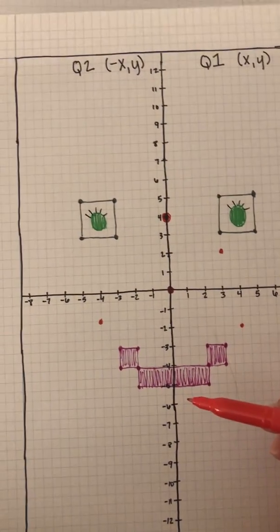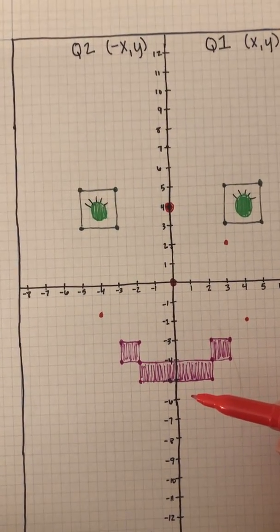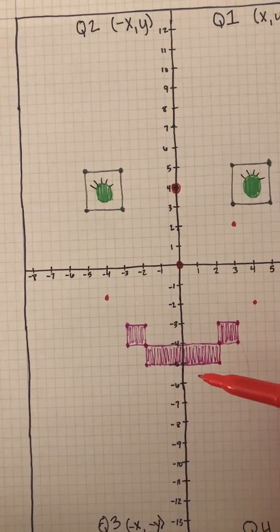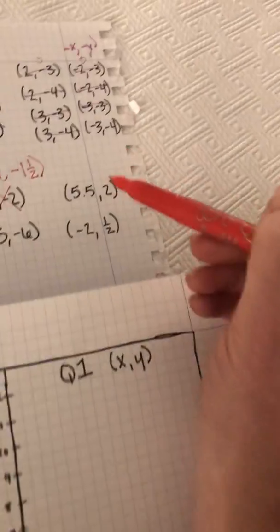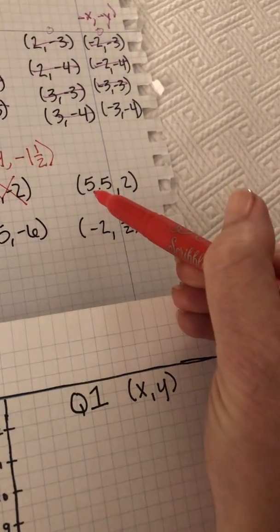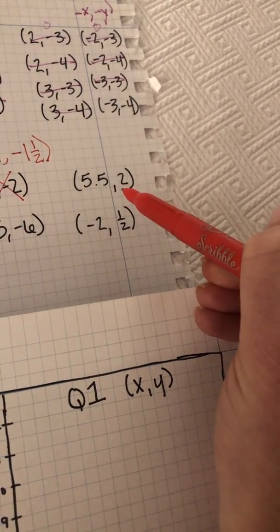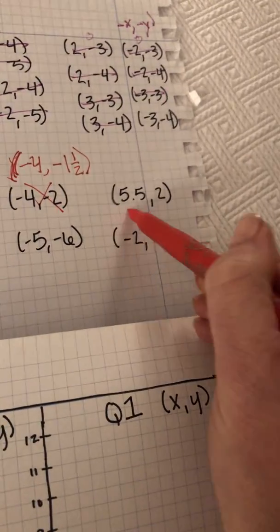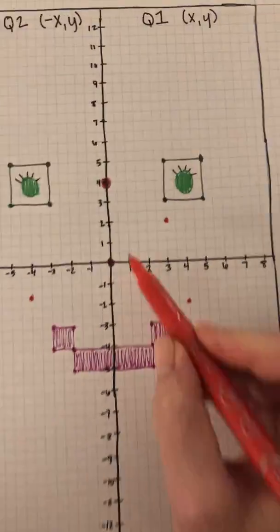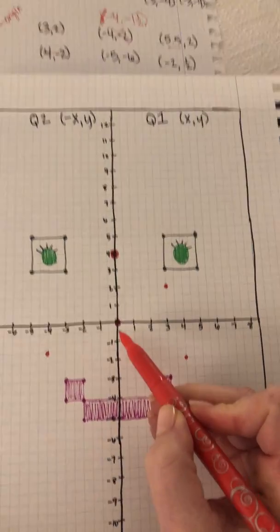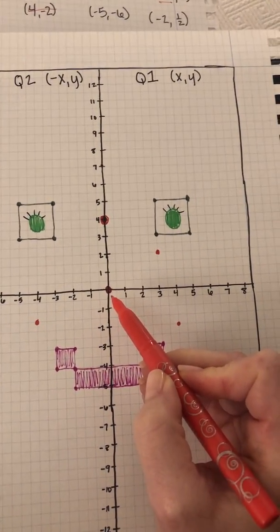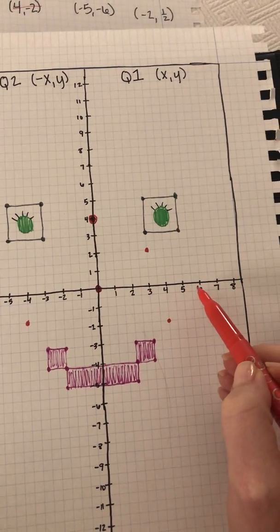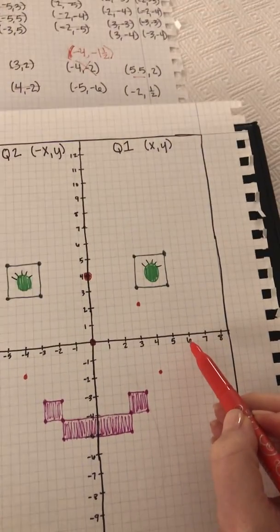Can you have fractions on ordered pairs? You absolutely can. See if we have something like this where it's 5.5, 2. So if I go here, 5.5. I know that 5.5 is in the middle of 5 and 6. And since it's 0.5, that means half.